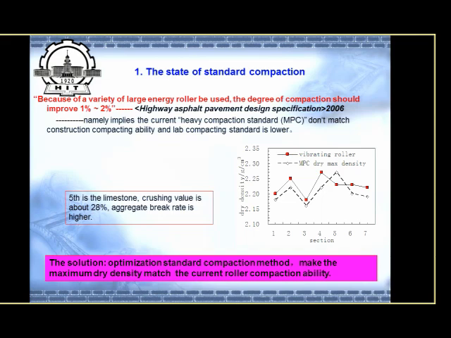We can find only in section 5 the MPC result is bigger than the vibratory roller result, because the fifth is limestone and the aggregate is weak. A lot of particles are squeezed into small spaces and broken. The aggregate is broken.